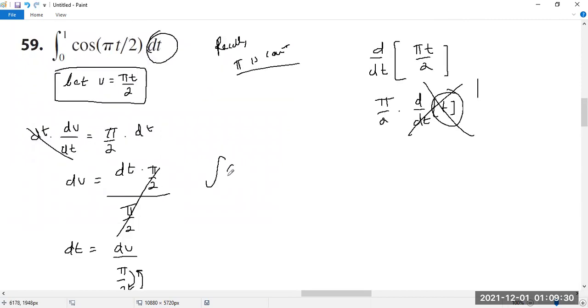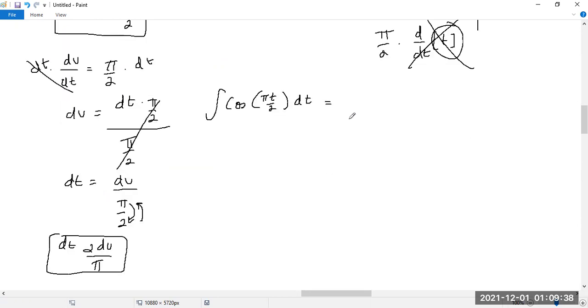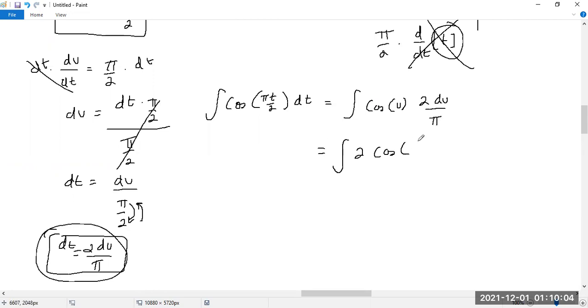So basically, the integral of cosine of pi t over 2 dt just became the integral of cosine of u, and dt we replaced with 2 du over pi, which is the same thing as 2 cosine of u over pi du.